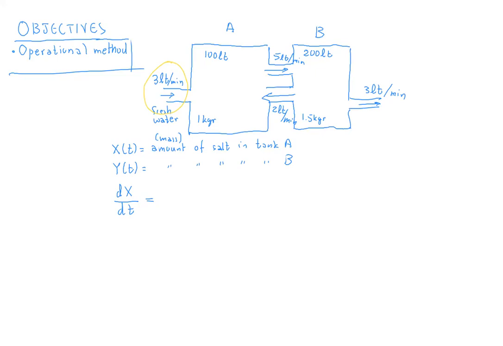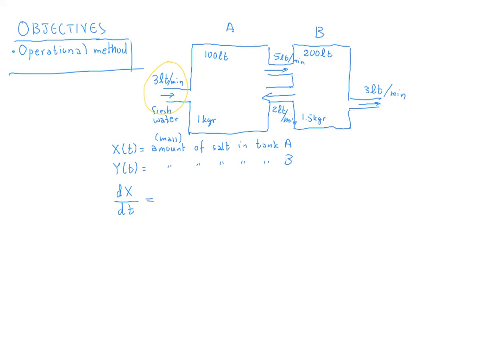So what really matters is the two flows between A and B, right? So first of all, we have an outflow from A to B. And how's that going to affect the situation? The concentration.